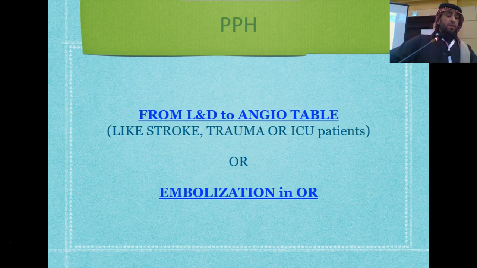Some institutes provide embolization in the OR. The OR is probably good for the gynecologist or obstetrician, because the patient is on the table, but it has its own requirements. For instance, the OR table has to be compatible with the angio suite, radiolucent, not radiopaque.